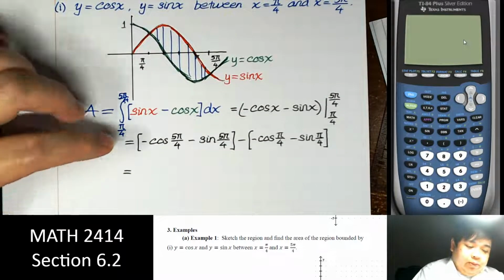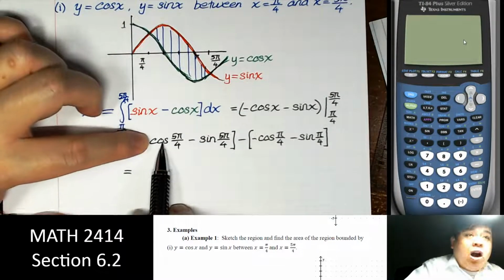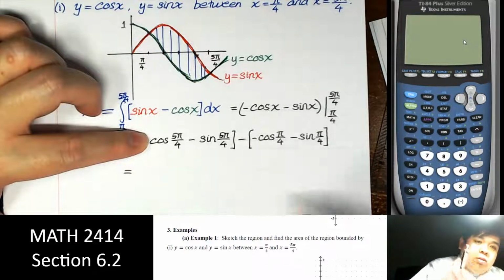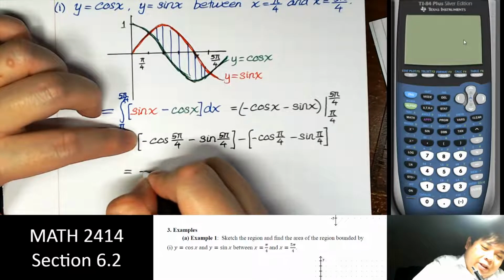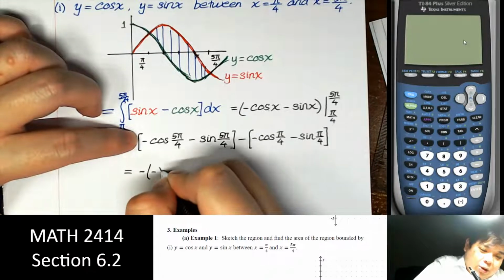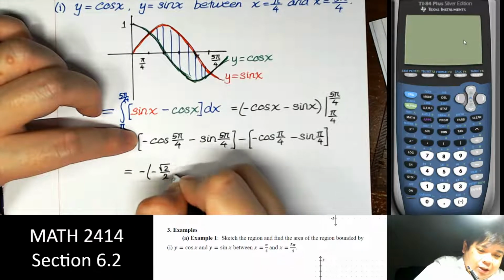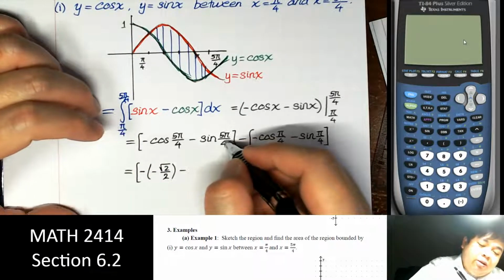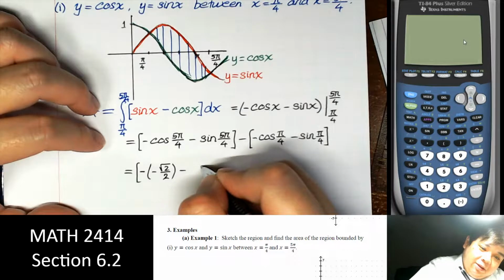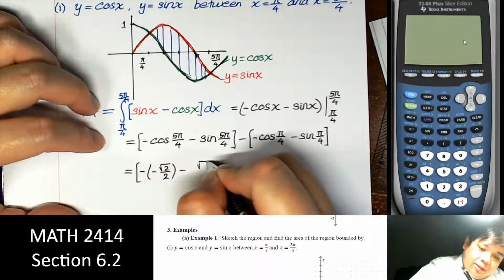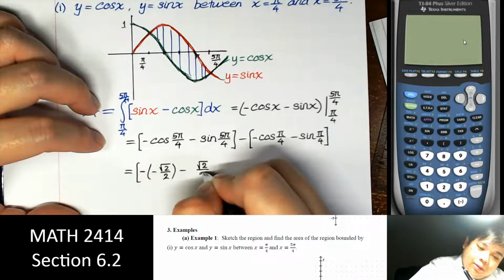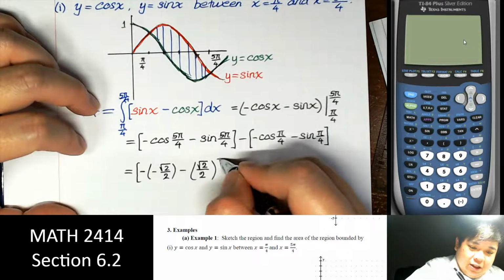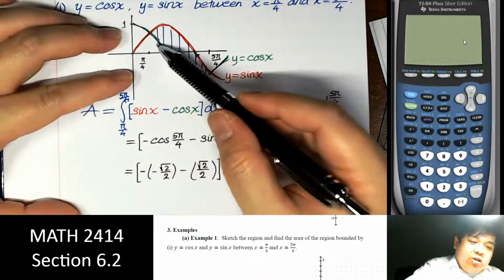Cosine of 5 pi over 4, so that is third quadrant, so negative square root 2 over 2. And sine of 5 pi over 4, square root 2 over 2.